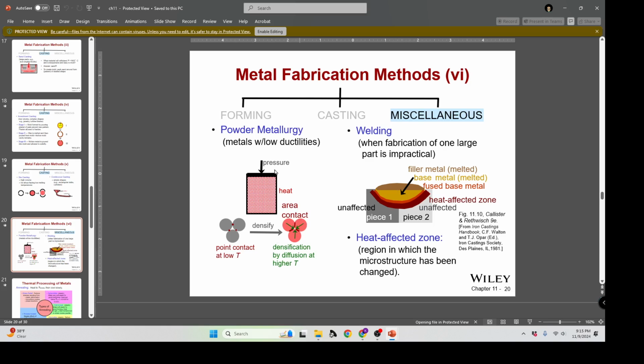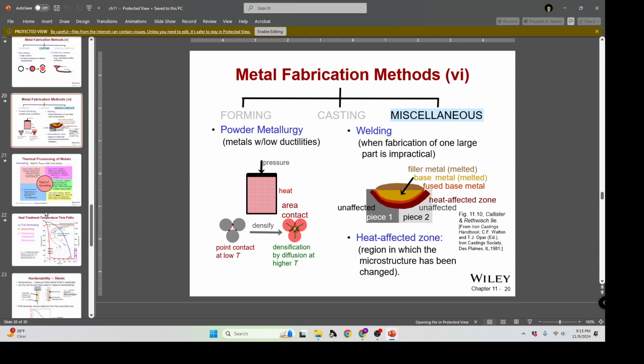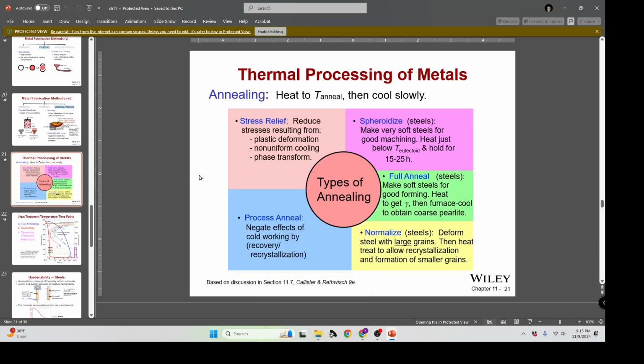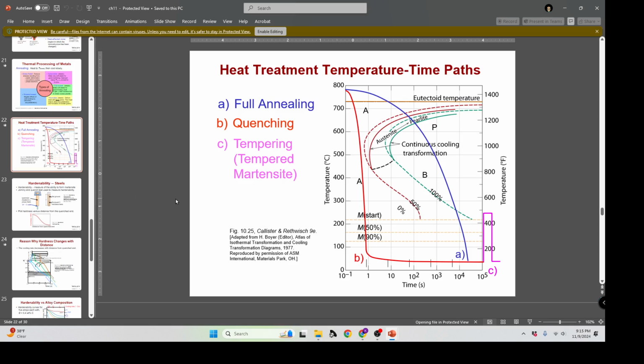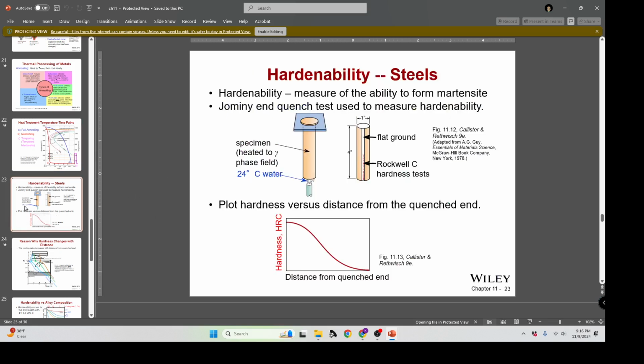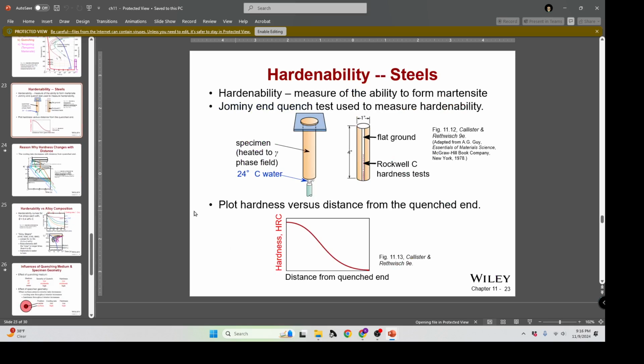All of that, welding, etc., become really, really important. So thermal processing, what are annealing, normalizing, stress relief, you need to be able to clearly articulate all of these things because they all matter for the end application.